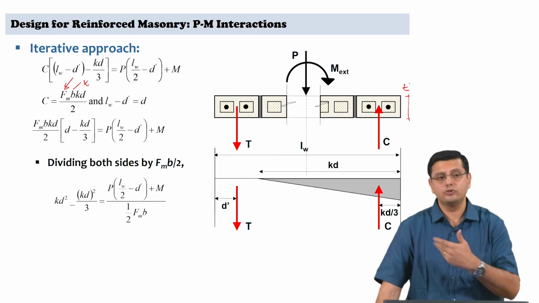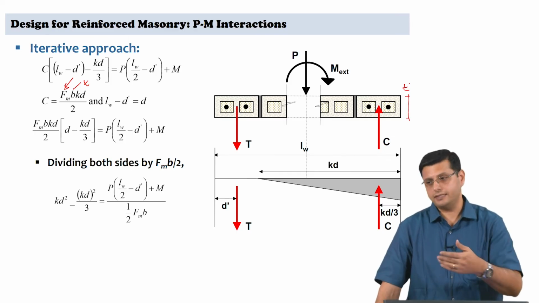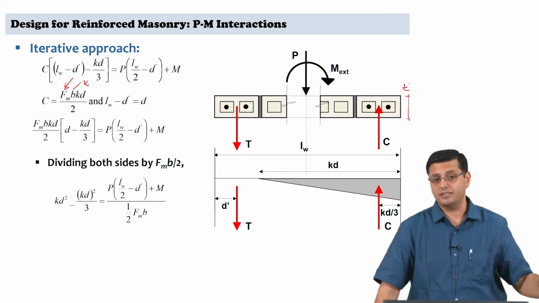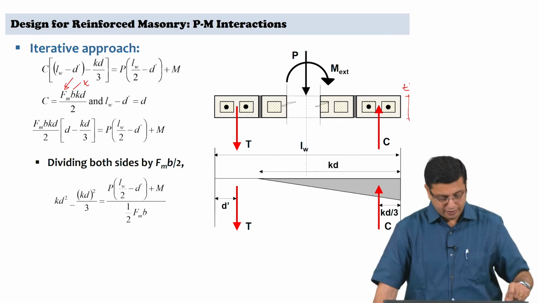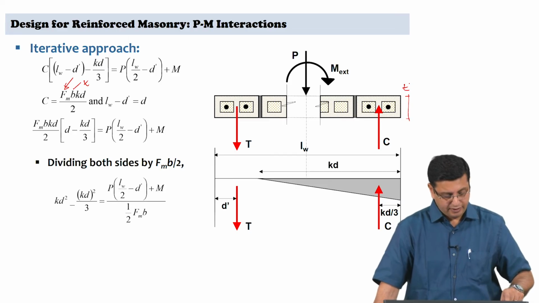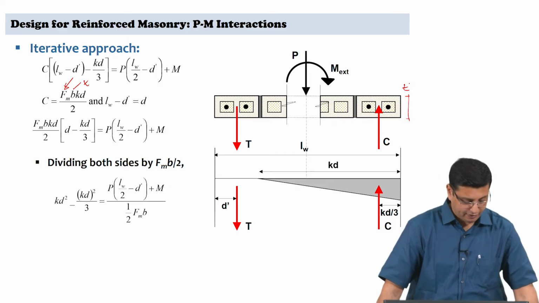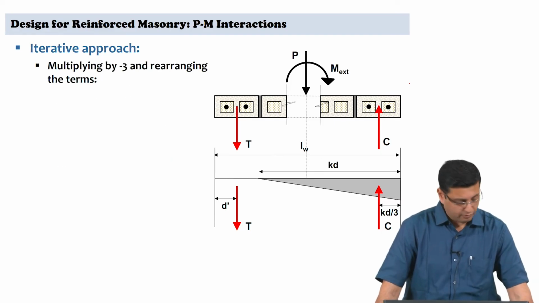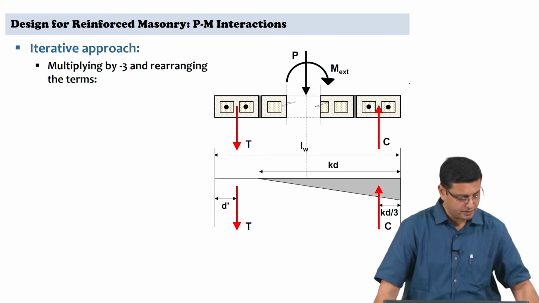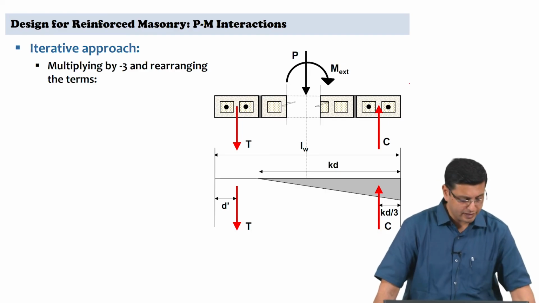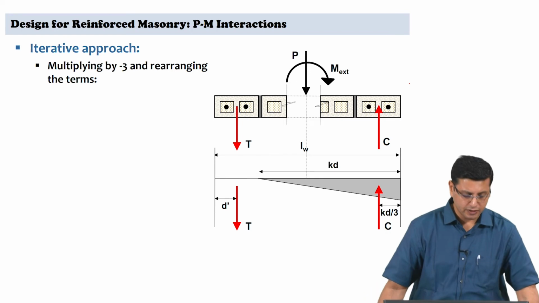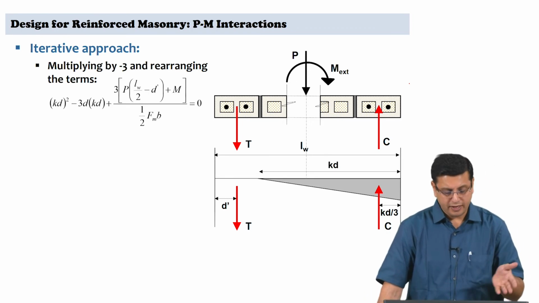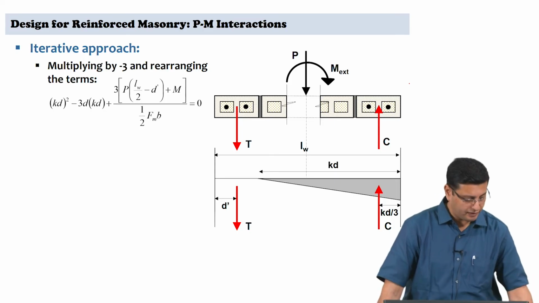So, you need to estimate kd for the assumptions that you have made, and for the kd that you establish, you want to check what the state of stresses are. So, we now have an expression that gives a quadratic in kd, which you can solve and get values for kd. A simple rearrangement of that expression is required: you multiply by minus 3 on both sides and rearrange the terms. You have a quadratic in kd, for which you will find the solution.